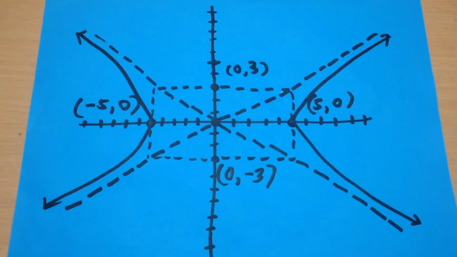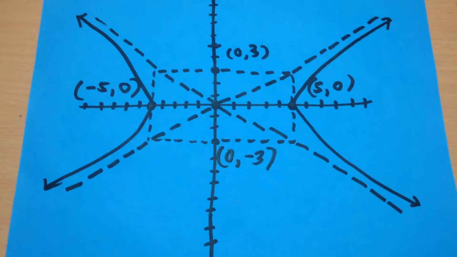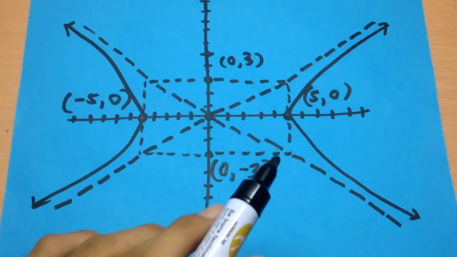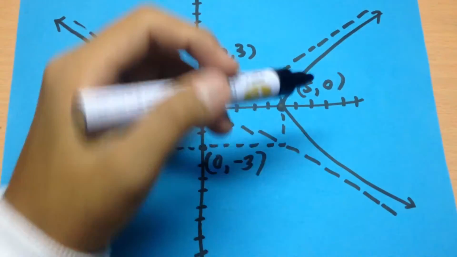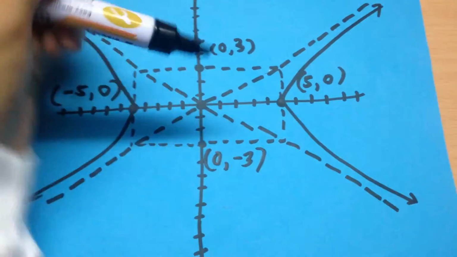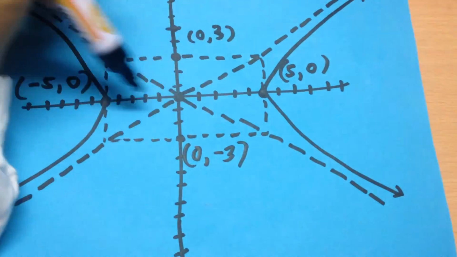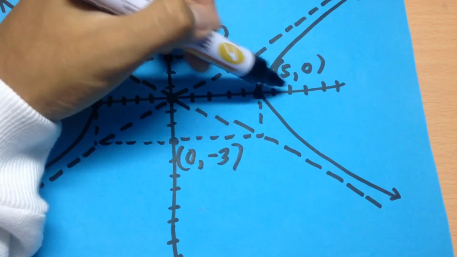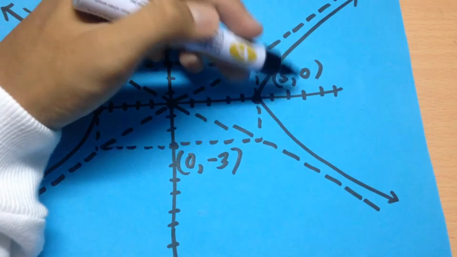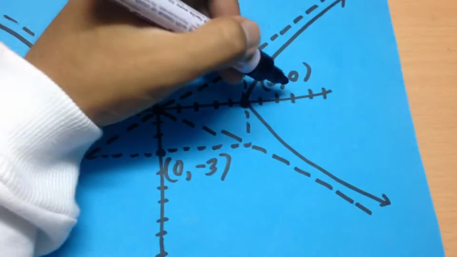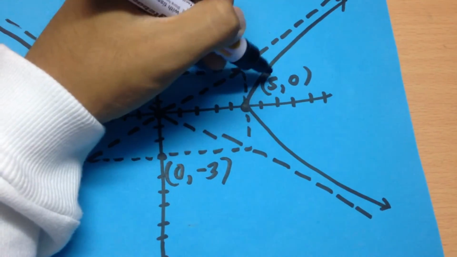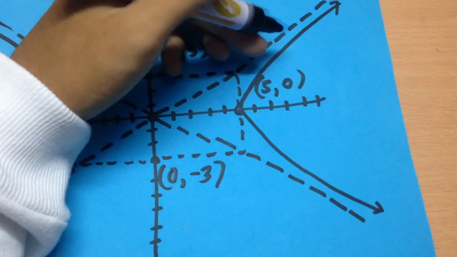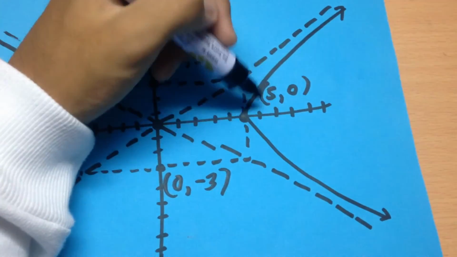And the next thing that you should do is look at the points. Look at the x value in the transverse axis. It says here that it is 5. So you must assume that 5 is the value of a.